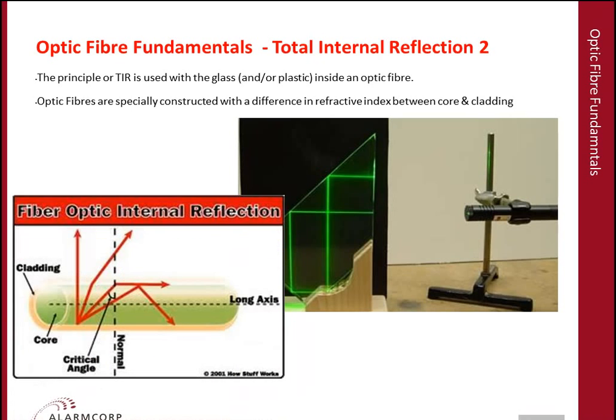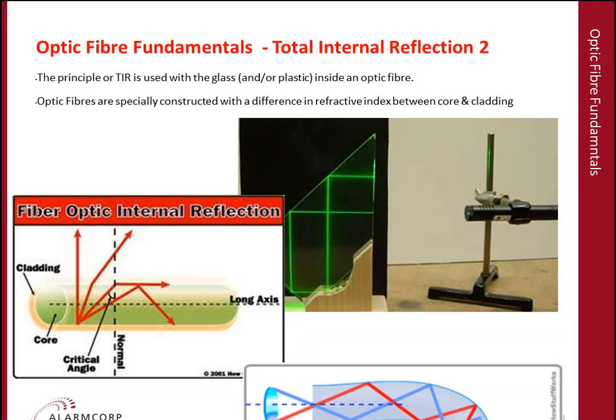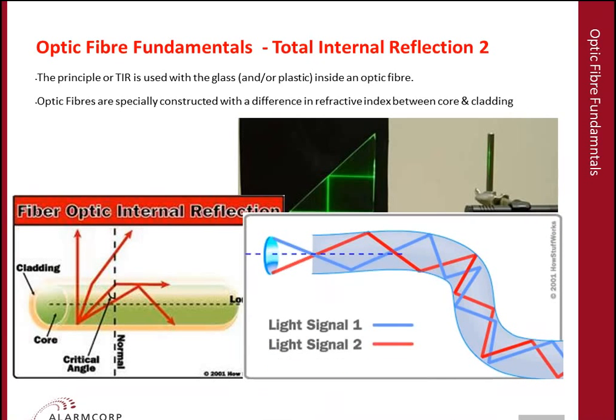Here we have a schematic representation of a cylindrical optic fiber, and as you can see, when the light beam hits at the right angle, again it propagates inside the fiber rather than being scattered out of the fiber. And this angle is known as the critical angle. And here again we see another example. If we bend the fiber, as long as the bending is not too steep, the light beam will actually stay and propagate down the fiber. So this is the principle that keeps the light beam inside an optic fiber.